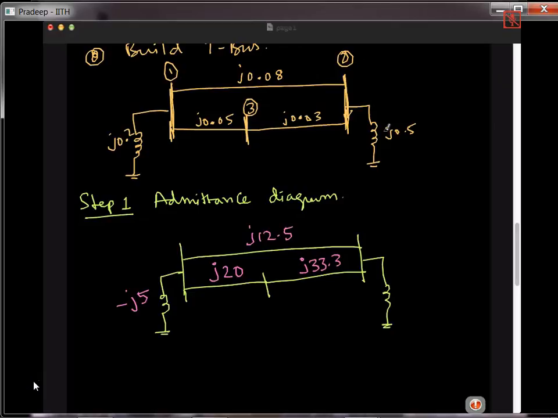J12.5, and finally 1 by J0.5 is J2. Of course, I forgot the minus sign everywhere. So I just put the minus sign. Why do you get the minus sign? Because 1 by J is minus J.